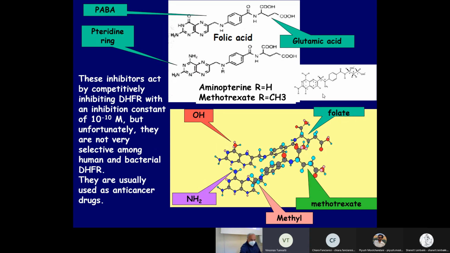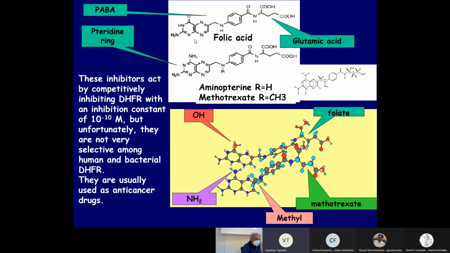You see here the chemical form of the protonated methotrexate. The name of this compound is methotrexate. You see the protonation of this nitrogen atom in this heterocycle.